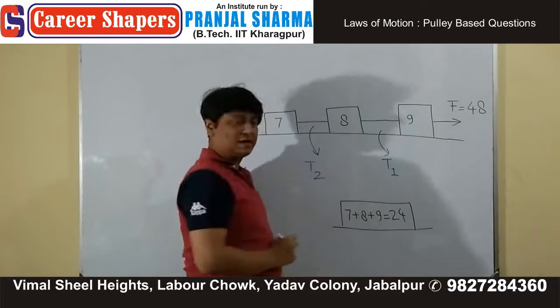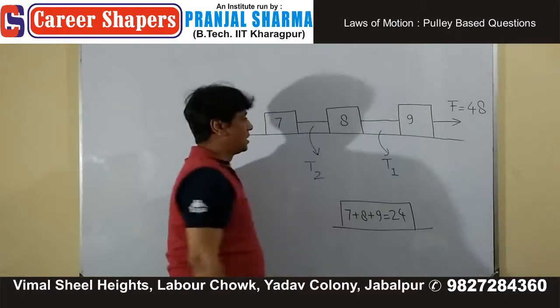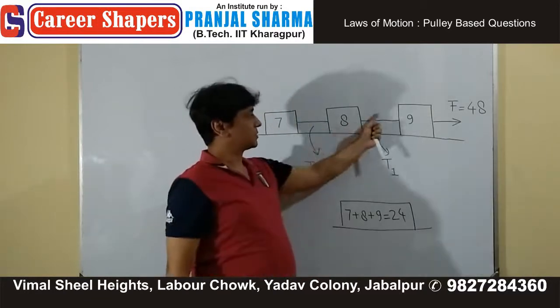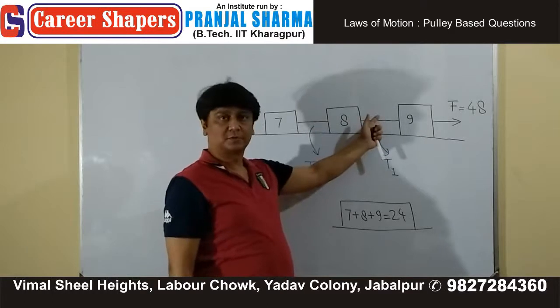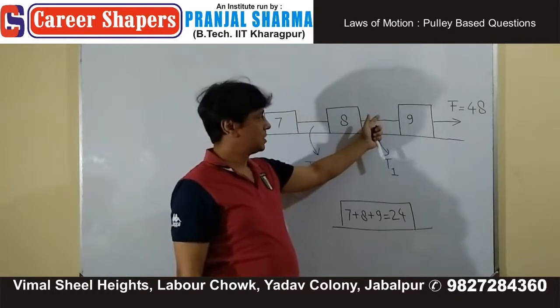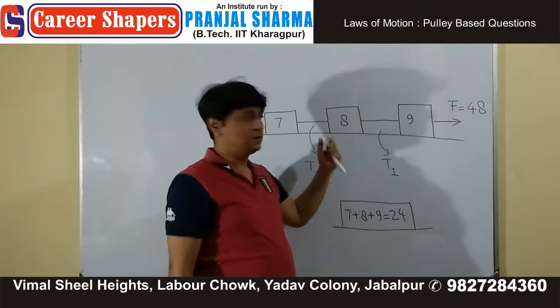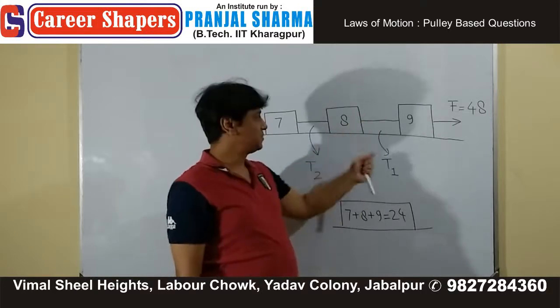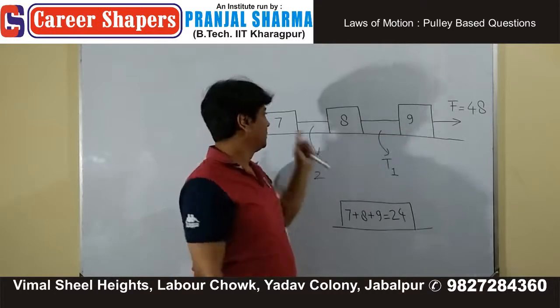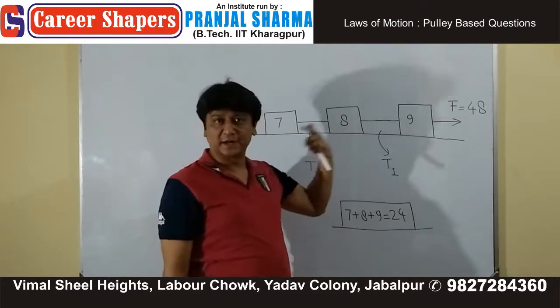These are massless ropes, and these massless ropes are just like atomic bonds between 8 and 9, 7 and 8. You can consider them like that.